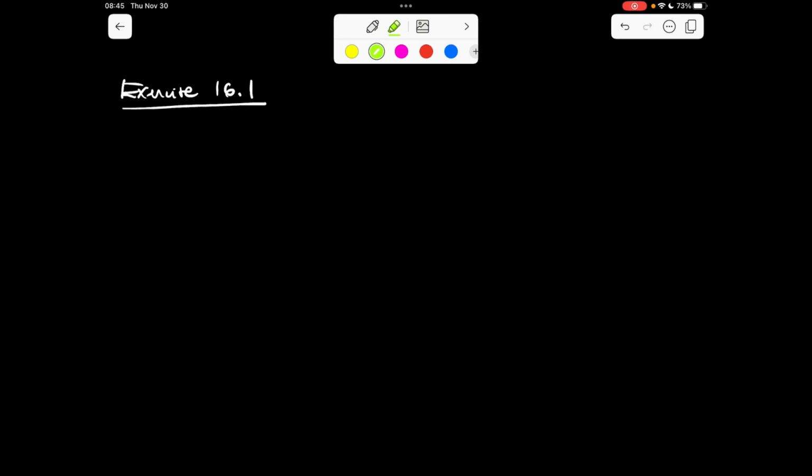Okay, let's get started. The first exercise for this lecture is exercise 16.1, which is the one sector model of growth, the basic neoclassical growth model, which now we are trying to interpret as a competitive equilibrium.